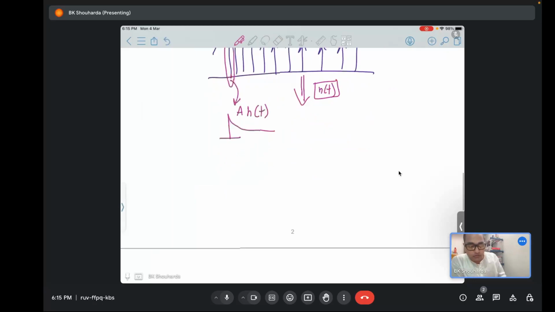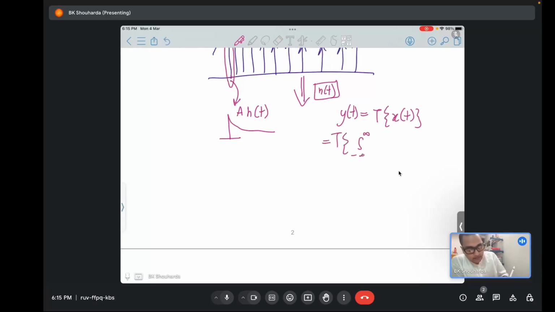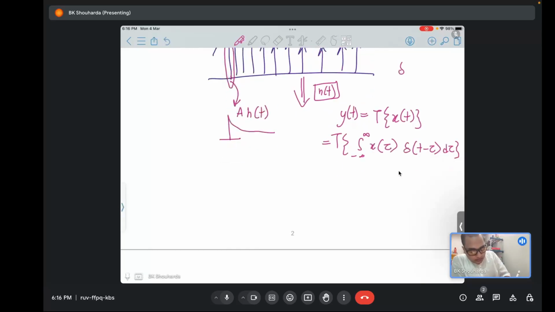So the output y of t will be the transformation of x of t. And this x of t can be written as the integral from minus infinity to infinity of x of tau delta of t minus tau d tau.